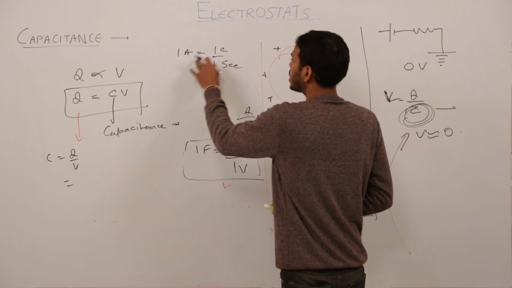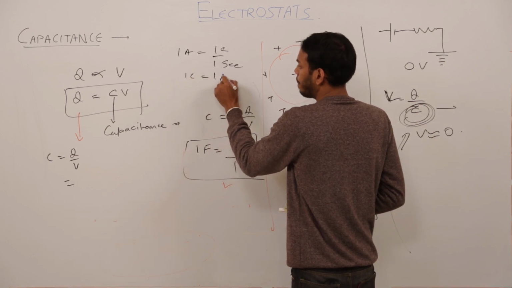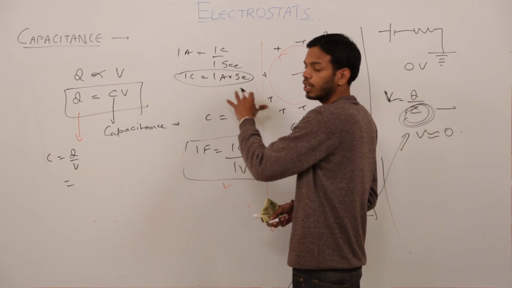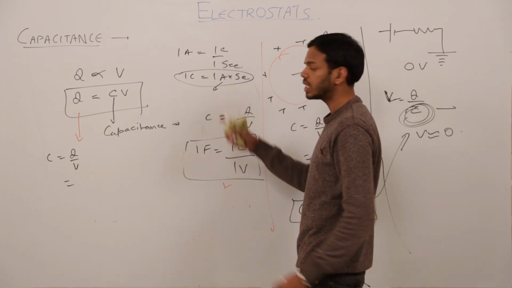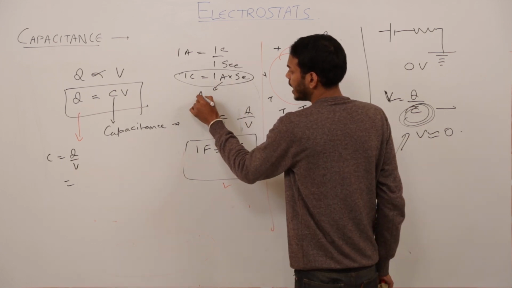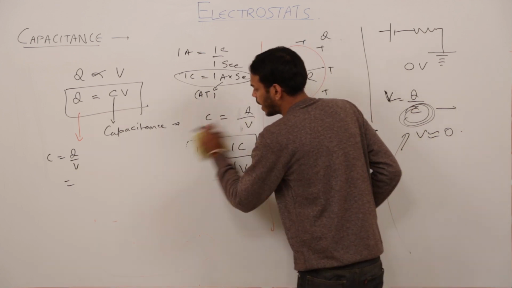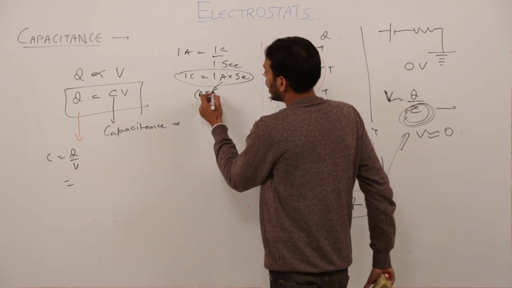That means 1 ampere is 1 coulomb upon 1 second, so 1 coulomb is 1 ampere into second. This is in terms of units, and in terms of dimension formula, this becomes A into T, right? I'm erasing this part so that you might not get confused.